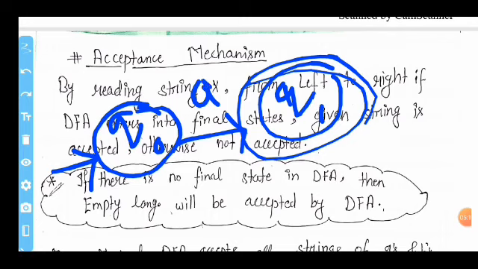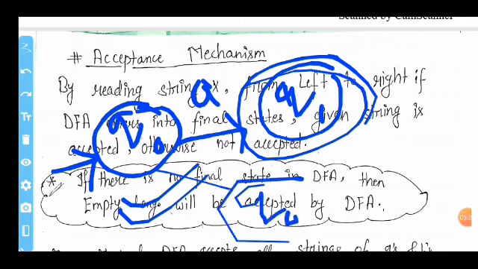So this is accepted by DFA. If the function is not going to a final state like this, then it is not accepted by DFA, because it does not go to a final state.